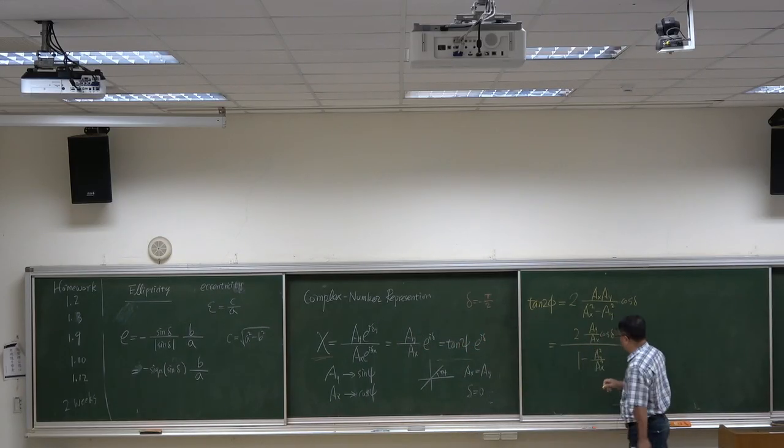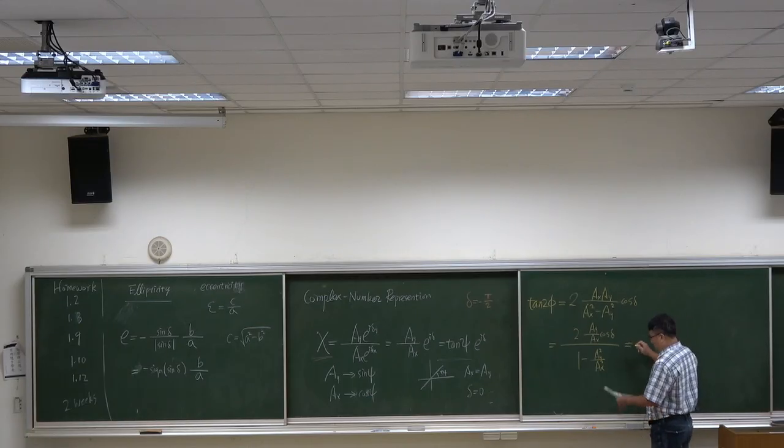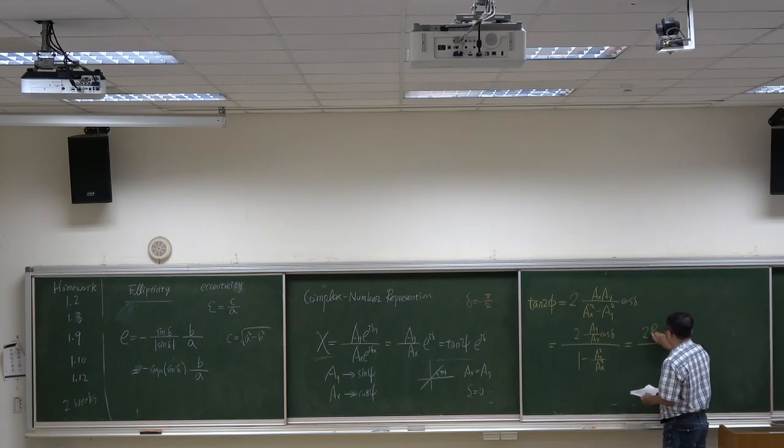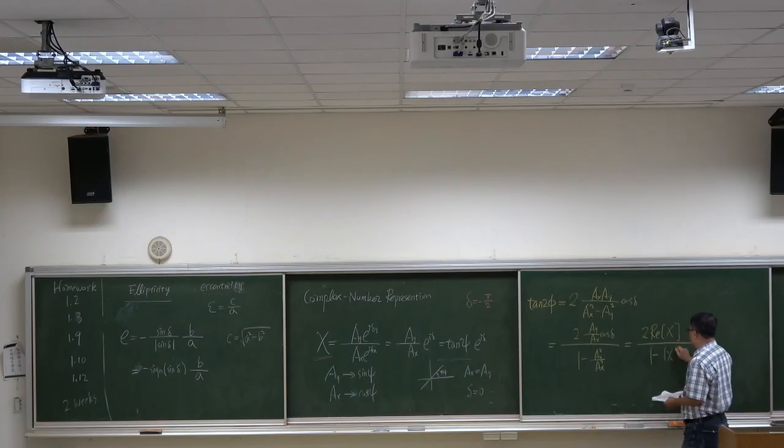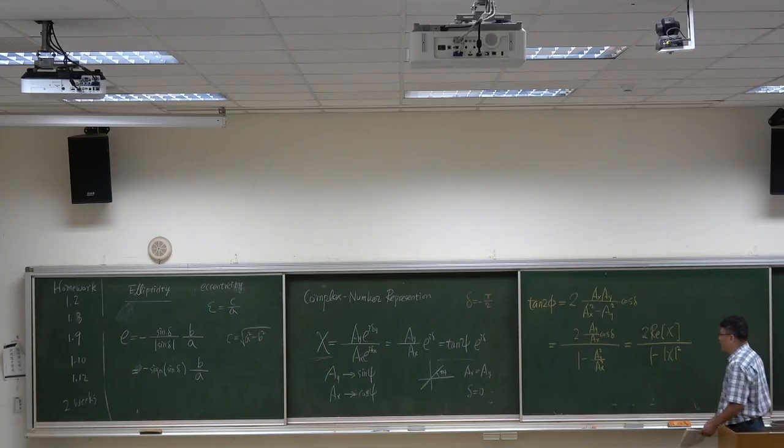So this can be written as 2 real part of chi over 1 minus the absolute square of chi. So this part is easy to derive.